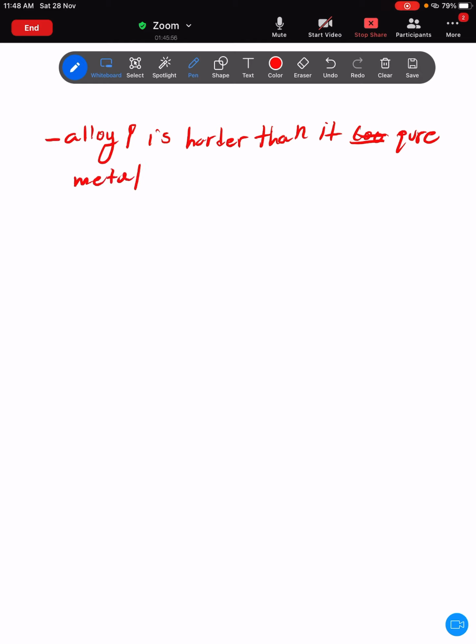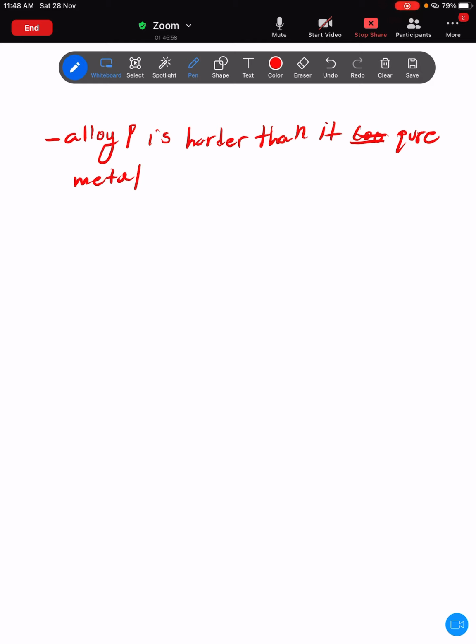Alloy P is harder than its copper, or you can say pure metal. Okay, it's harder than the pure metal.